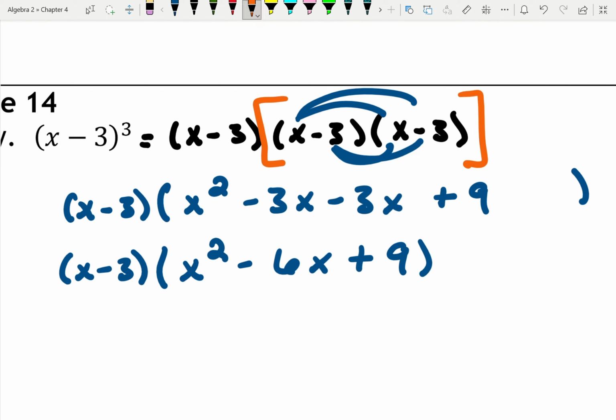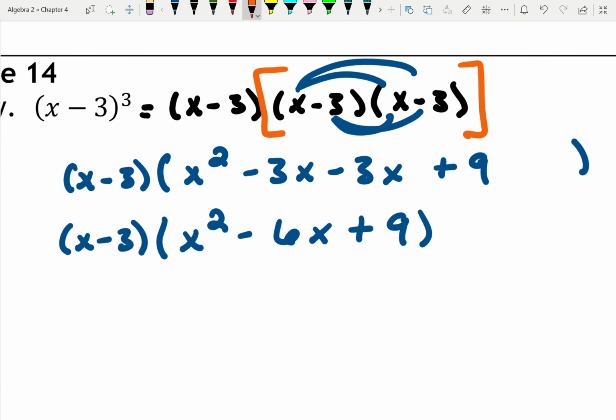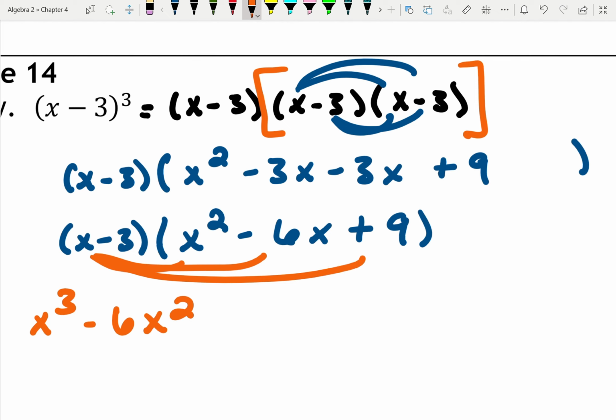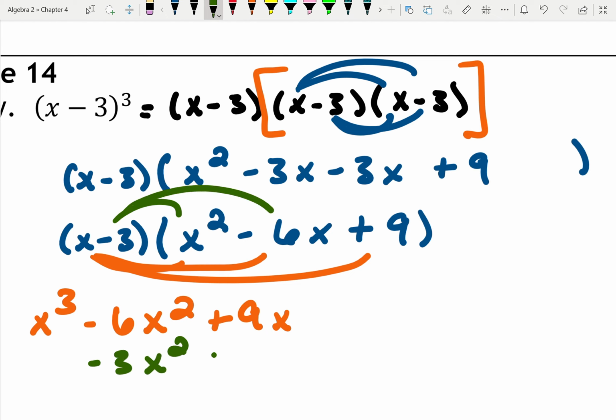And then I'm going to distribute again. So I distribute x times x squared is x cubed minus 6x squared plus 9x, minus 3x squared plus 18x minus 27.